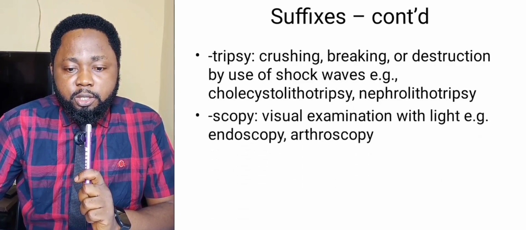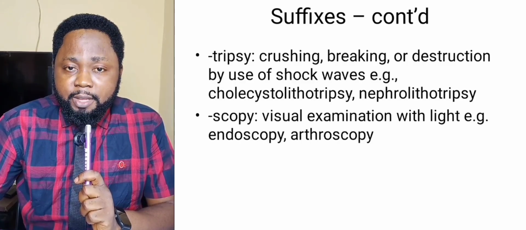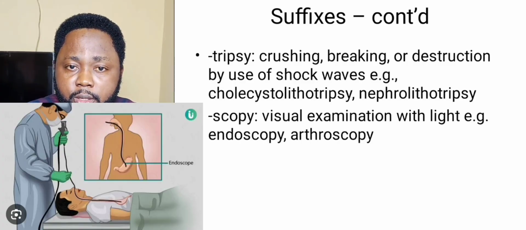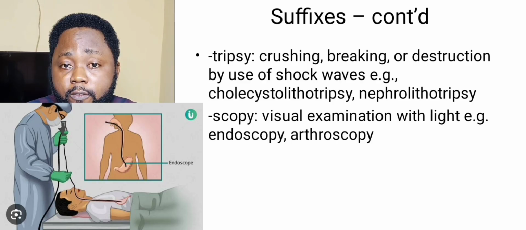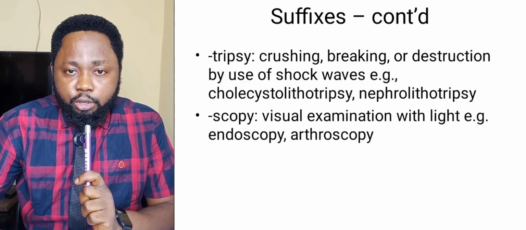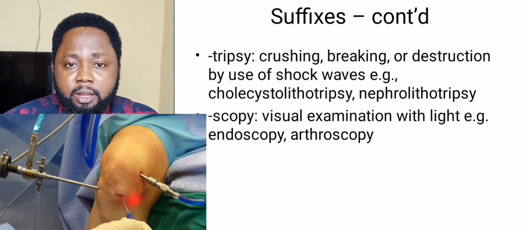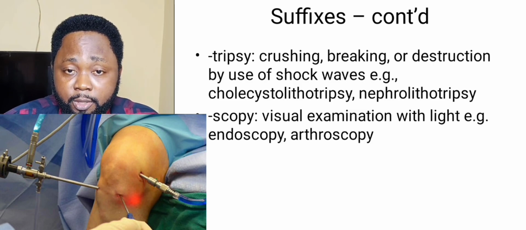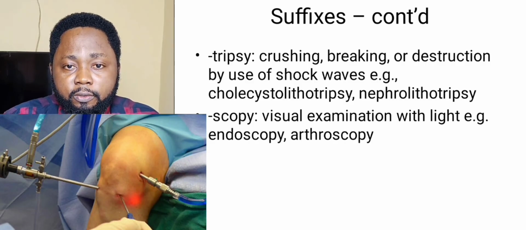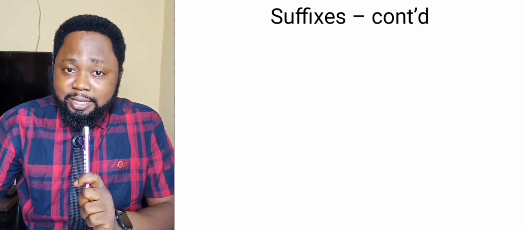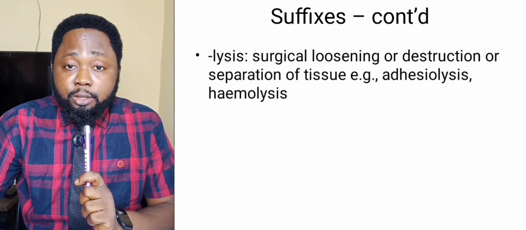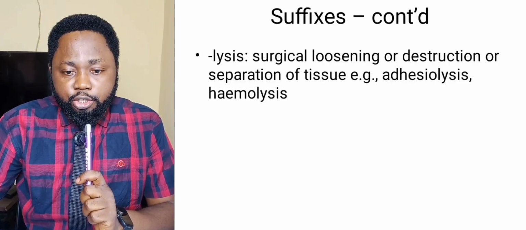Scopy refers to visual examination with light. Examples include endoscopy, which means the visual examination with light of internal organs; arthroscopy, which means the visual examination with light of the inside of a joint. Lysis refers to surgical loosening or destruction.